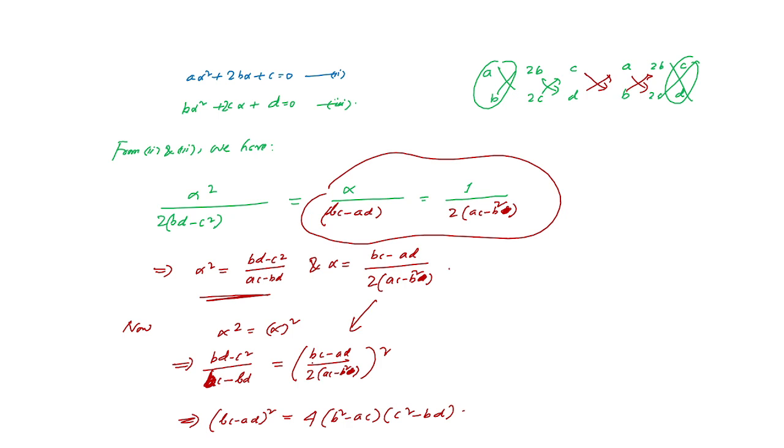Alpha square is, what is alpha square? Alpha square is BD minus C square by AC minus B square, and alpha is BC minus AD by 2 into AC minus B square. So this is correct.